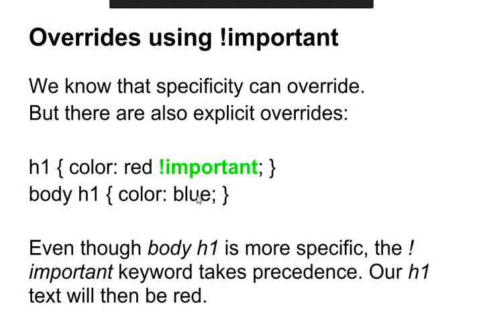So we take the same two classes that we've already defined in the last example, and in the first class, using the H1 selector, we put this important keyword after the color. And what will happen is the text will be red, because even though there's a more specific rule with the body H1 selector, the important keyword takes precedence.